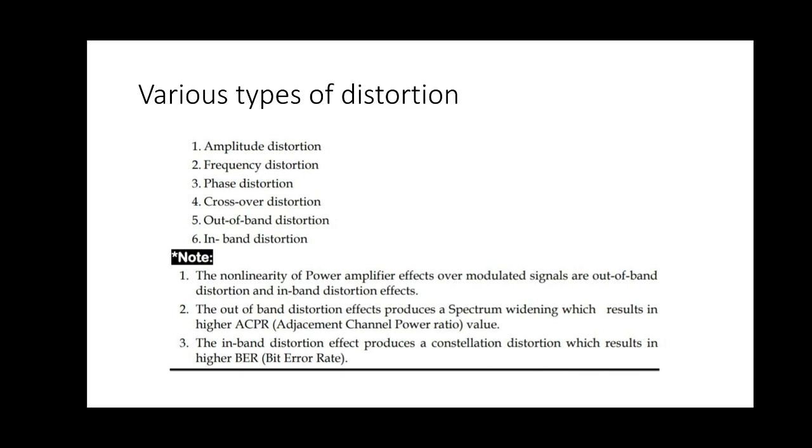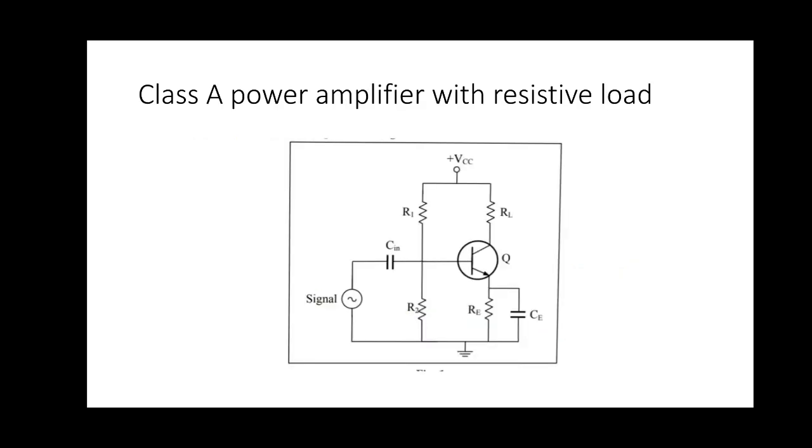This distortion is also called delay distortion, because it is caused by the time delay between the input signal and its output signal. So these are the different types of distortion.